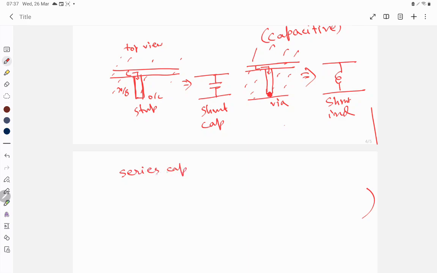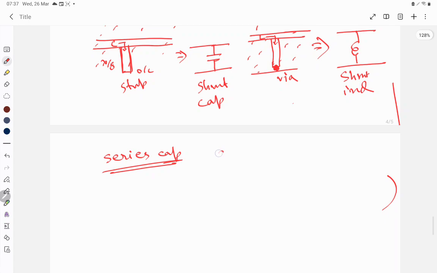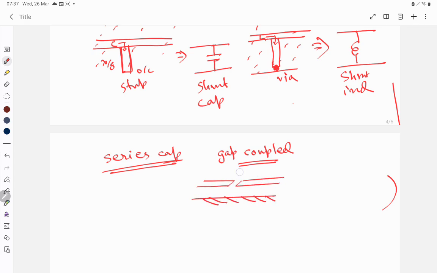Now the series capacitor can again be made very easily. We can have a gap-coupled capacitor, just to give an idea. We shall again discuss this with the help of a microstrip line. In the microstrip line, if we just introduce a gap between the microstrip lines, then this gap will work as a capacitor.